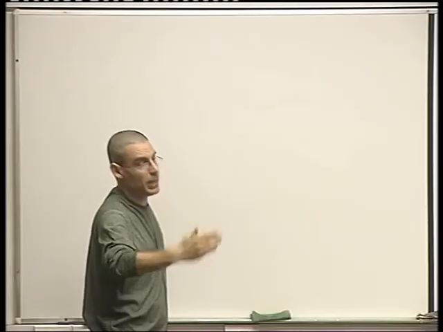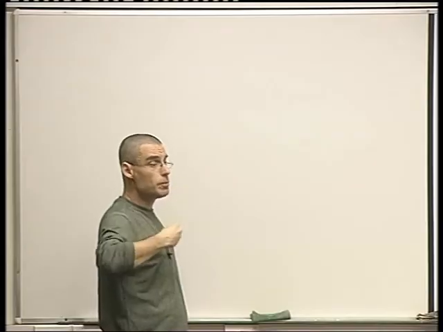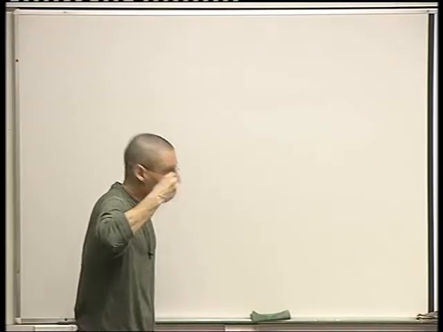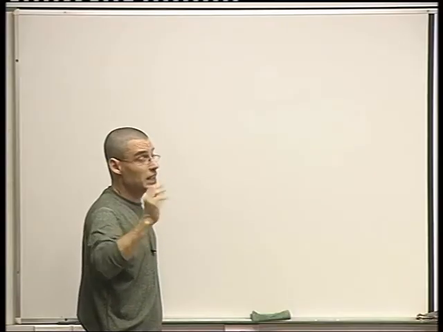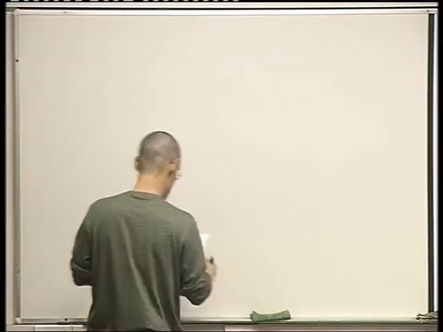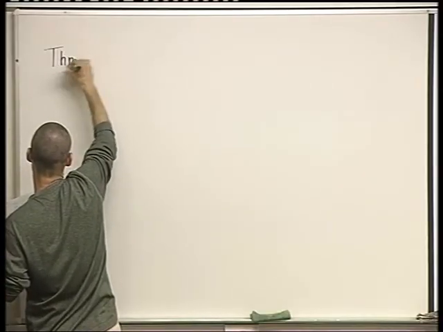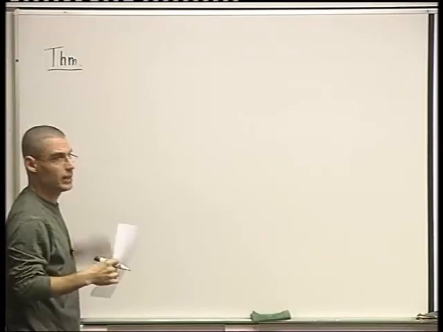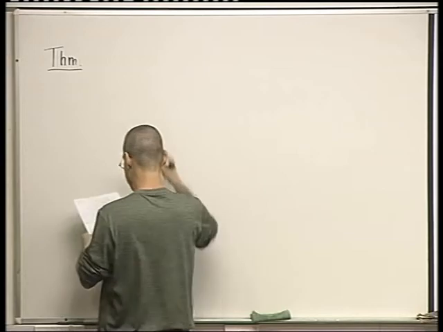You did some translation, okay? And that translation preserves the property that we're most interested in, the linear independence, okay? And that's this theorem. I'll write it and then prove it and then tell you why this is so important, why this is so useful.